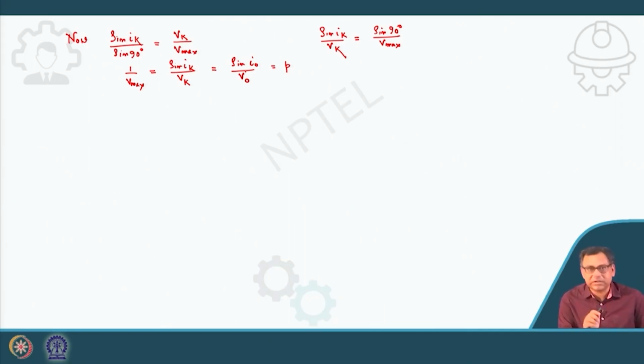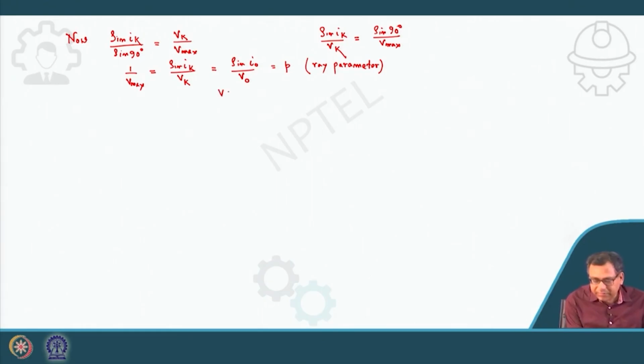V_max also depends on the ray received by the receiver, but V_0 is constant whatever the ray is, because that is the velocity at z equal to 0. That is why p is called the ray parameter, constant for a particular ray. Clear?